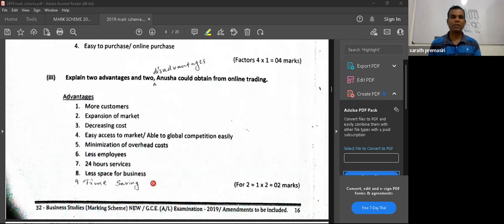Next one, can minimize overhead cost. That's the indirect cost. Can minimize indirect cost or overhead cost.